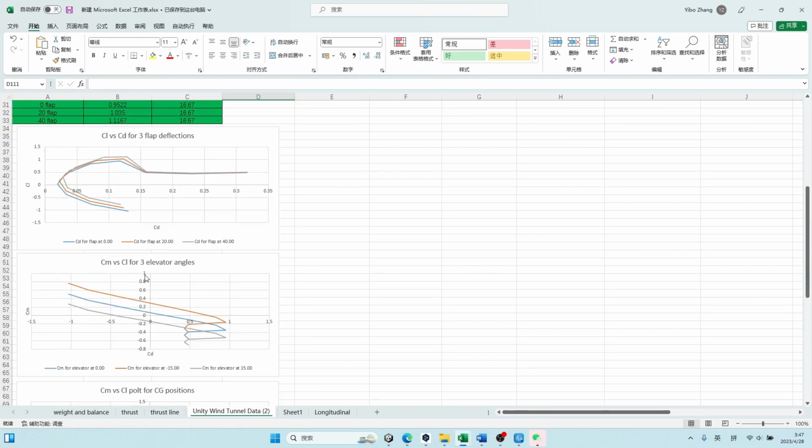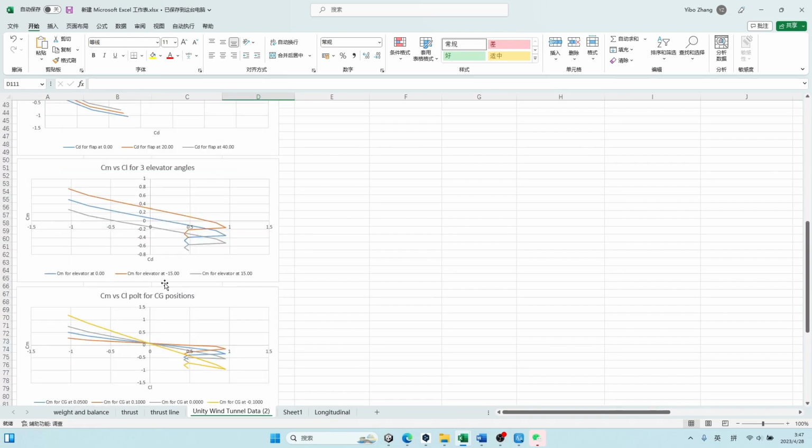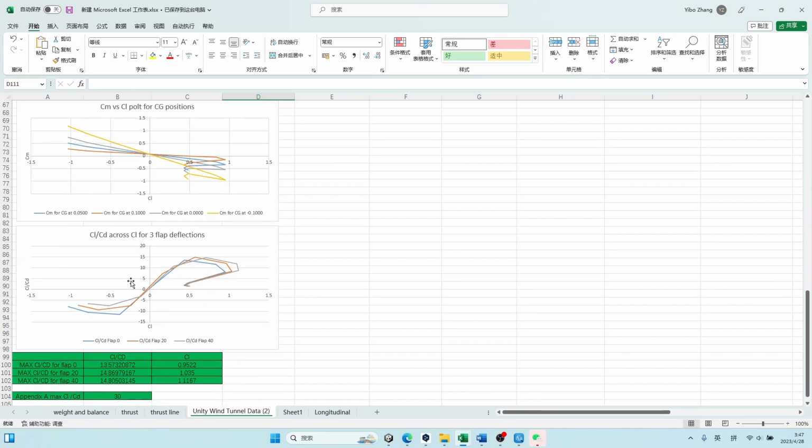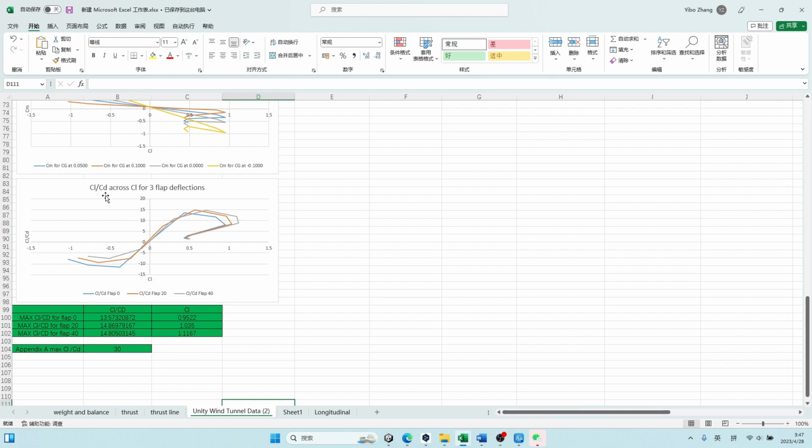Then CM versus CL for three elevator angles, and then CM versus CL for different CG positions. The last one is CL over CD across CL for three flap deflections.